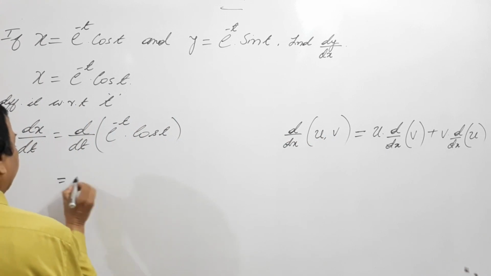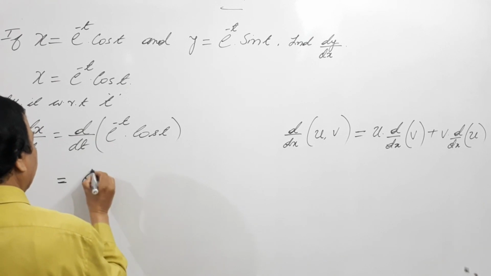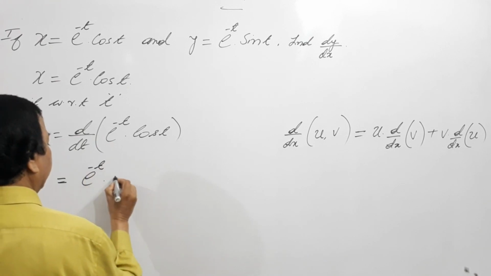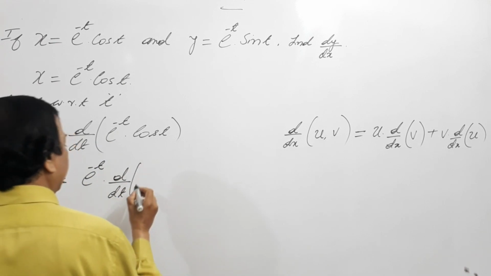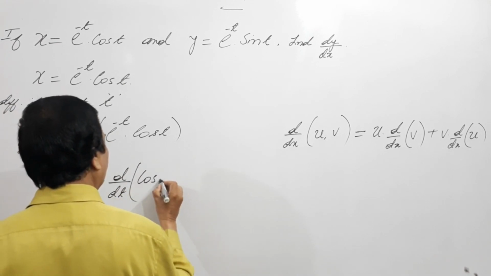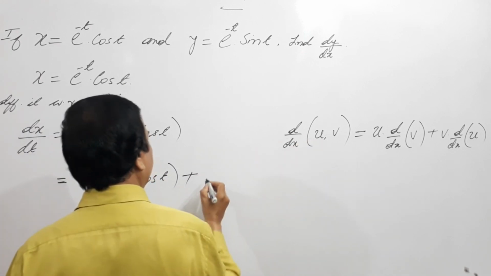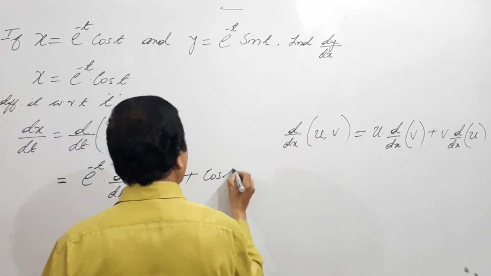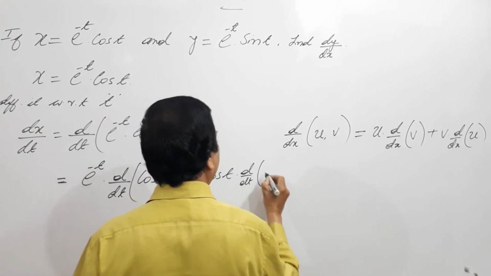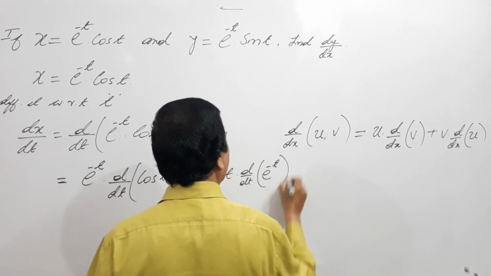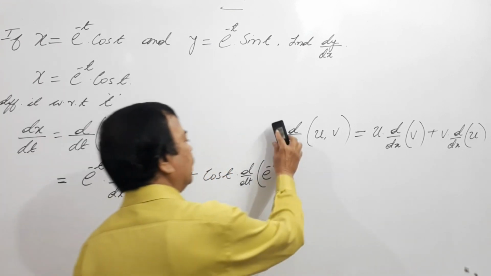I take e to the power of minus t as the first function, e to the power of minus t into d by dt of cos t, plus I'll keep cos t as it is into d by dt of e to the power of minus t. So I use that concept. So I'll rub this now.